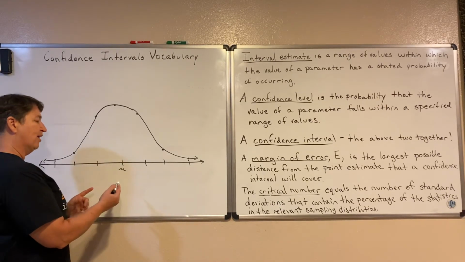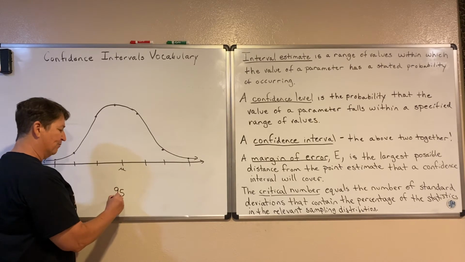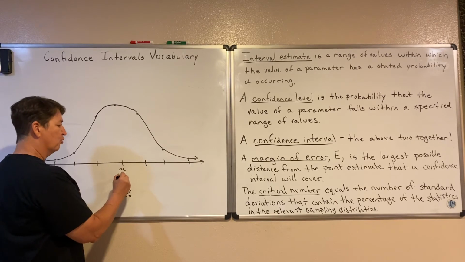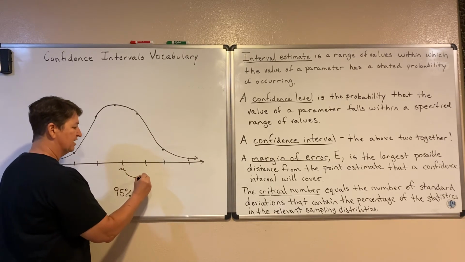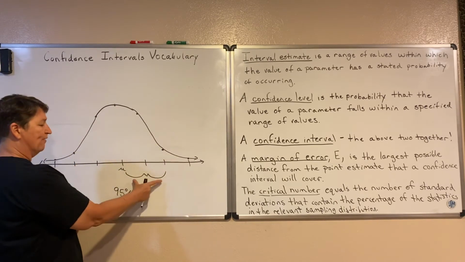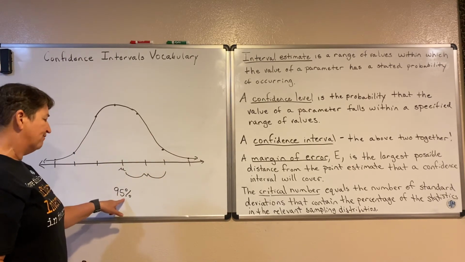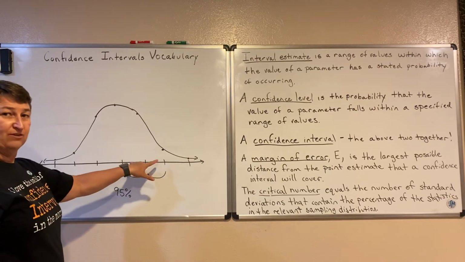Then the margin of error. Let's say that I have a 95% confidence level. The margin of error really is just this amount, whatever that distance is. I know 95% is out 2 standard deviations.